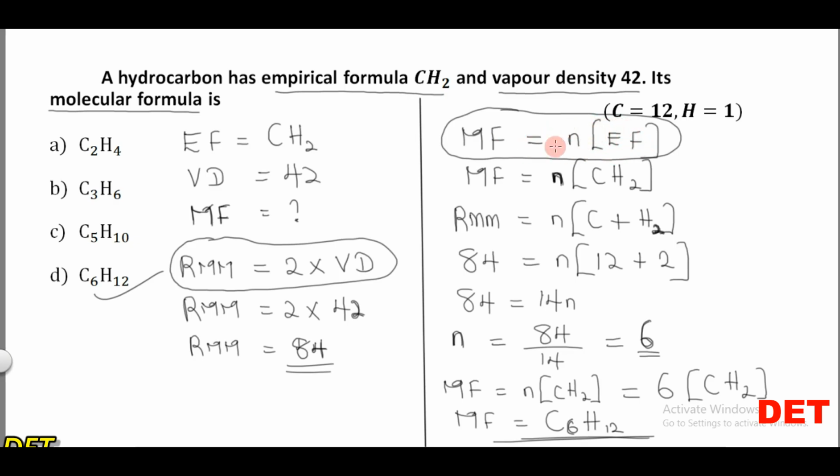And the relative molecular mass of a compound is equal to n times the summation of the empirical formula mass. All these are very important.